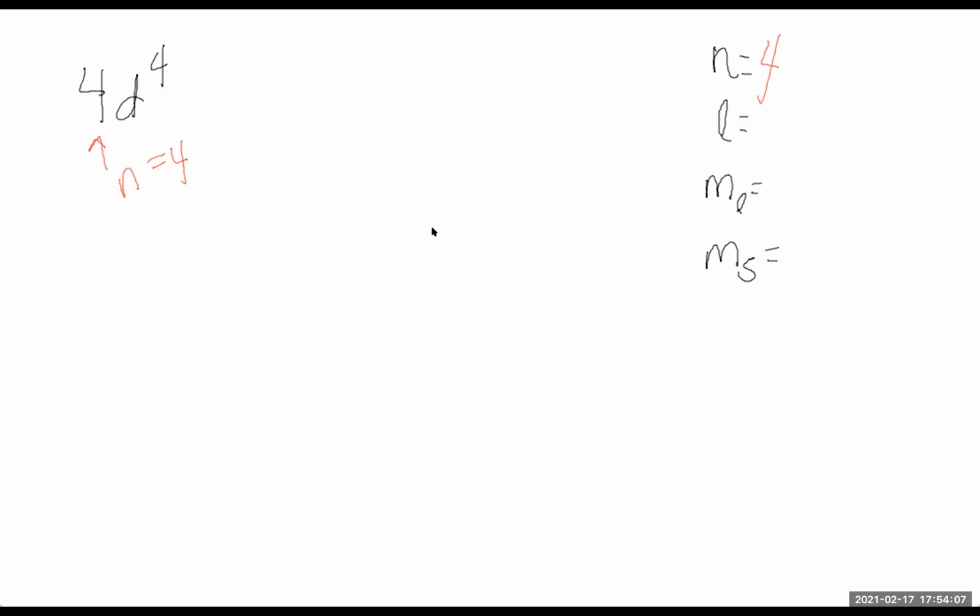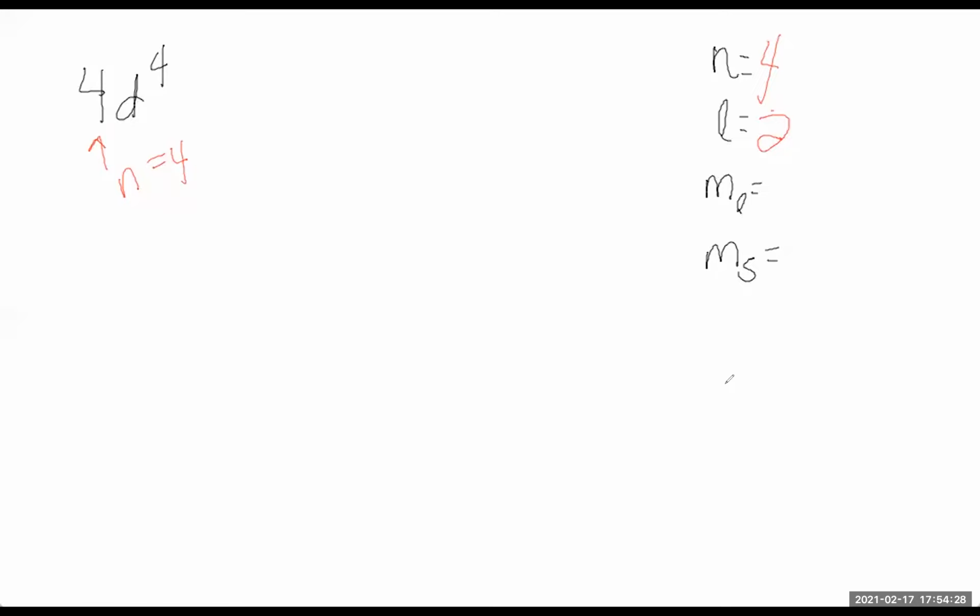Right, our L is 2. And the reason being is because why? Why is our L 2? How do we find our L? You divide it? Multiply it? So not exactly.